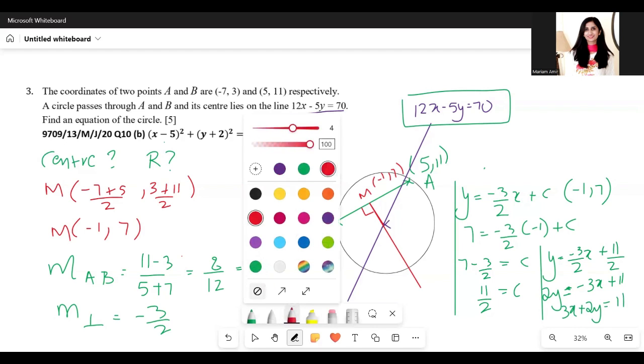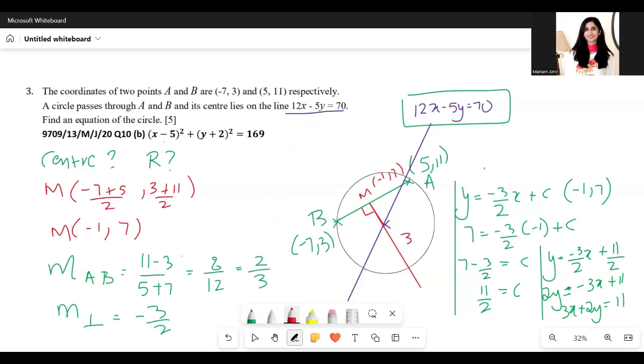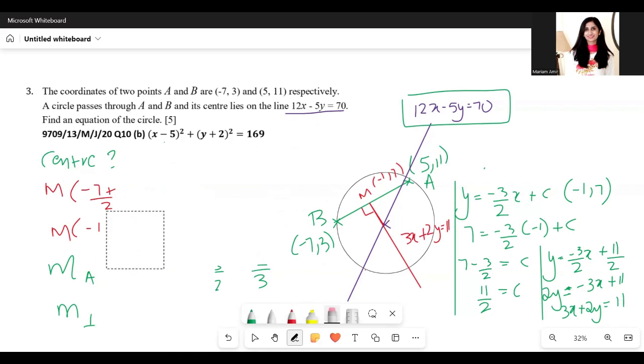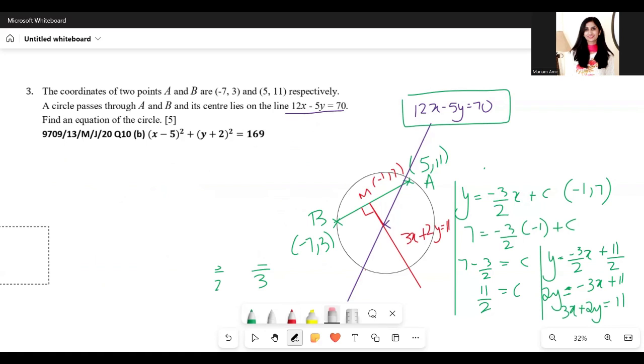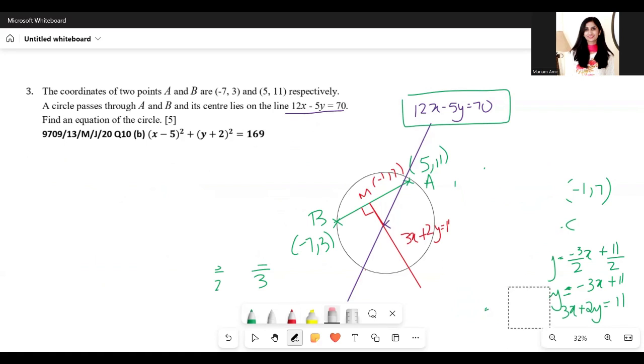So we have the equation of the red line as well. 3x plus 2y equals 11. Now let's solve these simultaneously and get the center first.